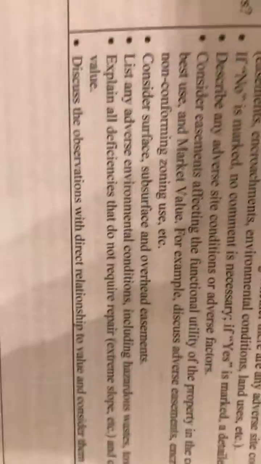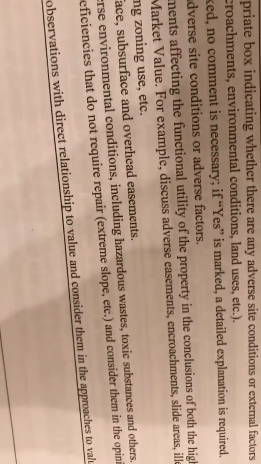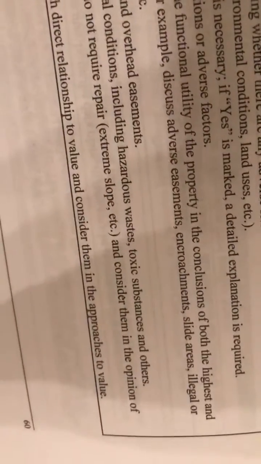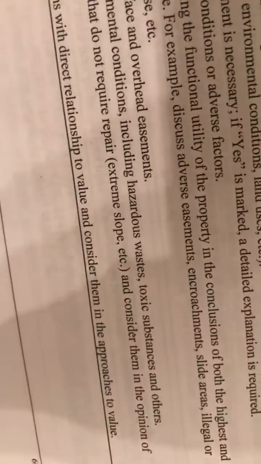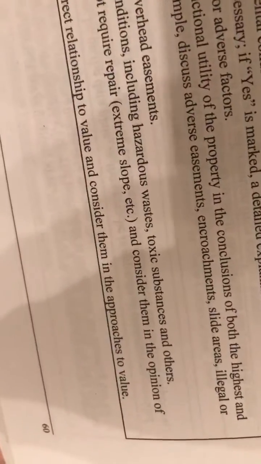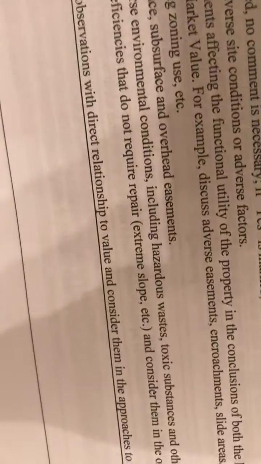List any adverse environmental conditions, including hazardous wastes, toxic substances, and others. Explain all deficiencies that do not require repair, extreme slope, etc., and consider them in the opinion of value. Discuss the observations with direct relationship to value and consider them in the approaches to value.